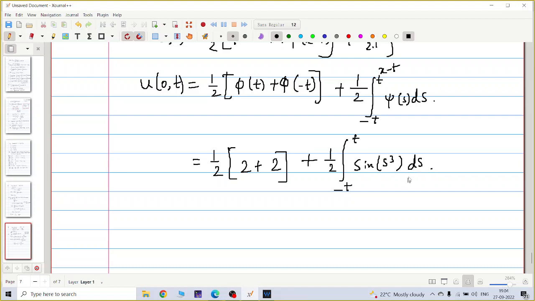Now, what will that be? This integral is equal to 0, because sin s cubed is an odd function, and the integral from minus a to a of an odd function is always 0.